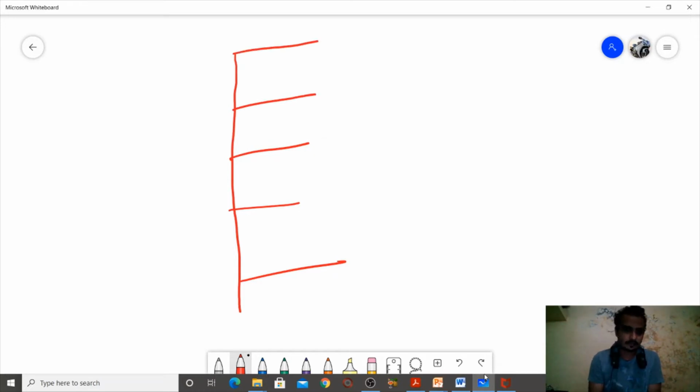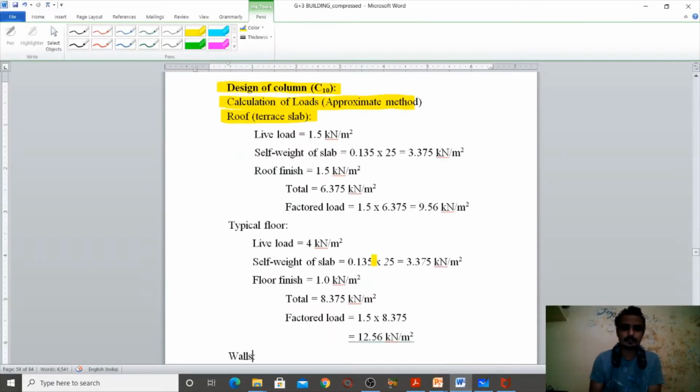When we are going to design a column, all the loads are supported on the column. So we have to get the load from the roof to the ground floor.